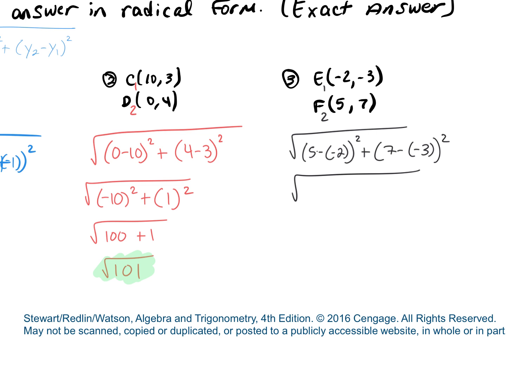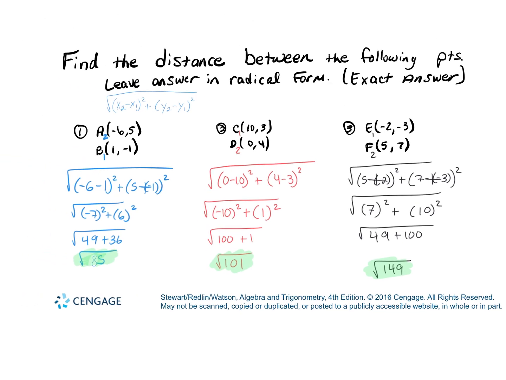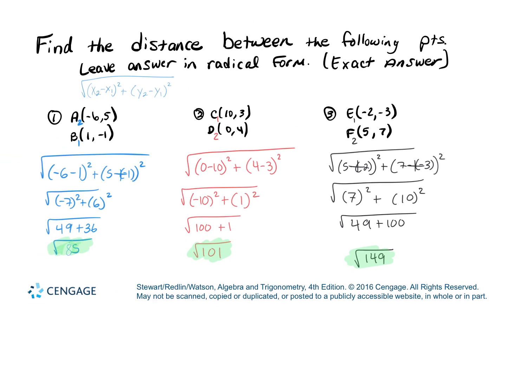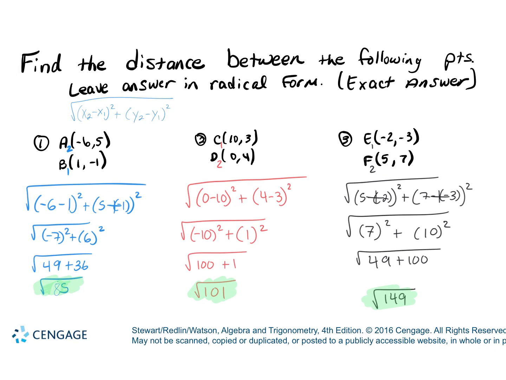That's going to give me 7 squared plus 10 squared, which is 49 plus 100. So my answer is root 149. Again, that is as simple as it can be. We can't do anything more than that.